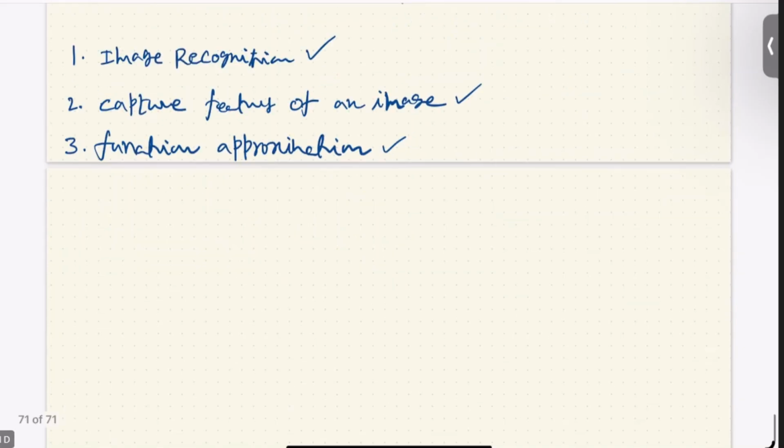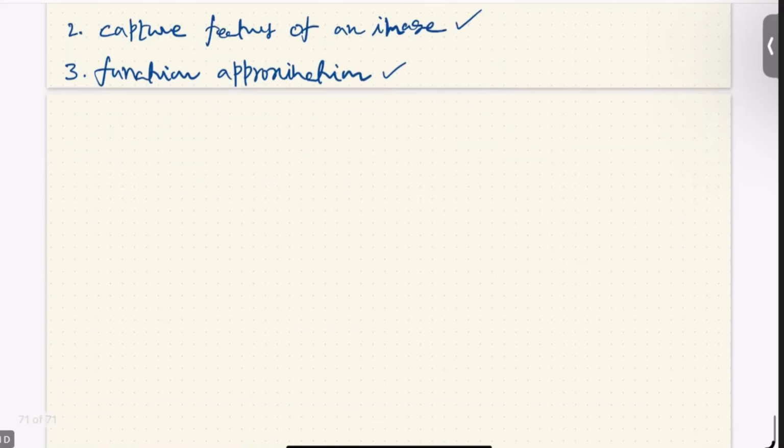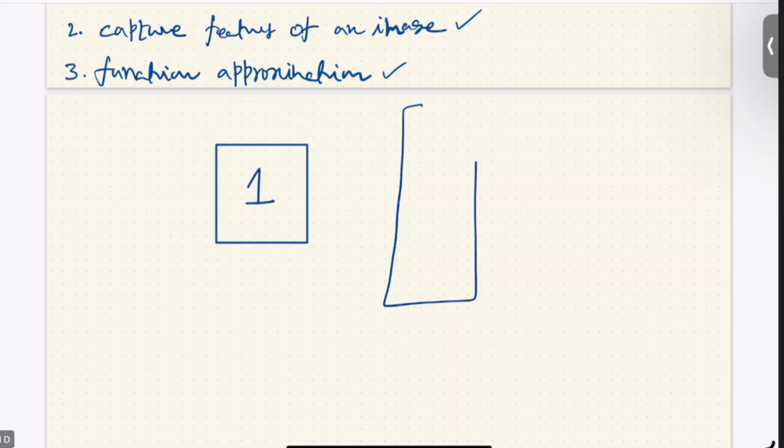In the first case, as I explained last semester, you have images of handwritten digits, 0 to 9, ten digits, and you keep passing these into a neural network.